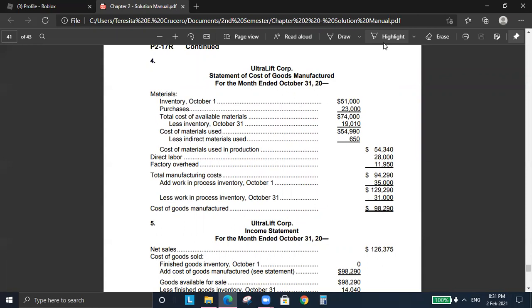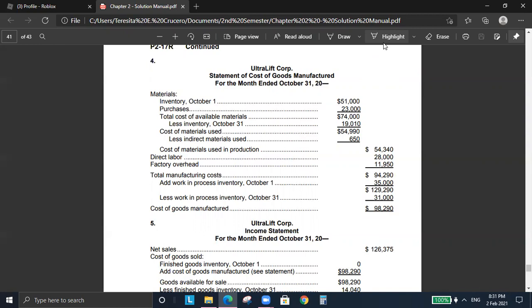We now begin with materials inventory on October 1. You look at your materials account and you have your inventory on October 1. Then we add the purchases of materials. Actually, you have this posted in the materials account.